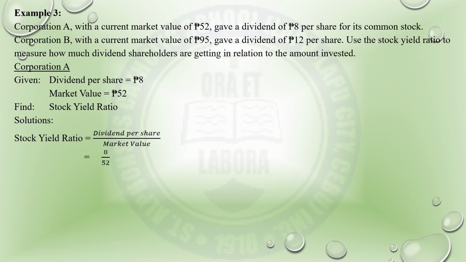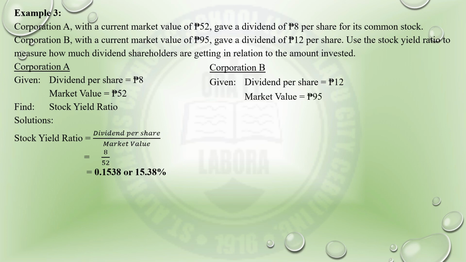So we are going to substitute the values of the dividend per share and the market value, which are 8 and 52. So we have 8 divided by 52. And the stock yield ratio is 0.1538 or 15.38%.